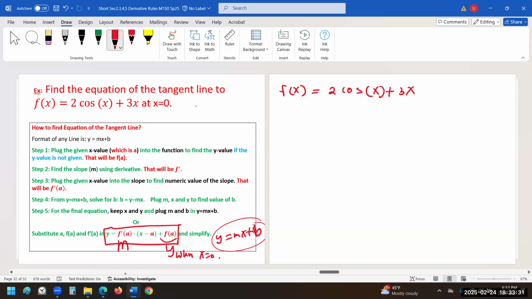So your m is the derivative at zero. Right? So y equals 3x plus 2.